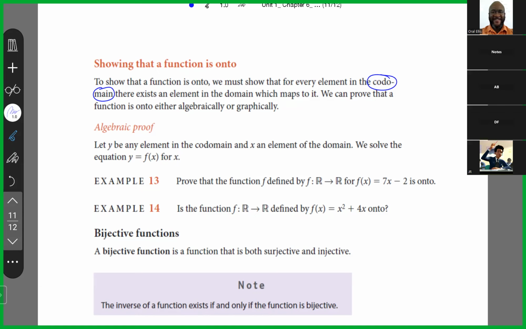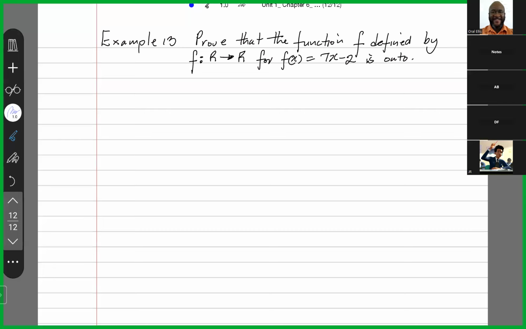All right, let's have a go at example 13. Example 13 is asking us to prove that the function f defined by f of x is equal to 7x minus 2, where the domain elements and the codomain elements are both real numbers.